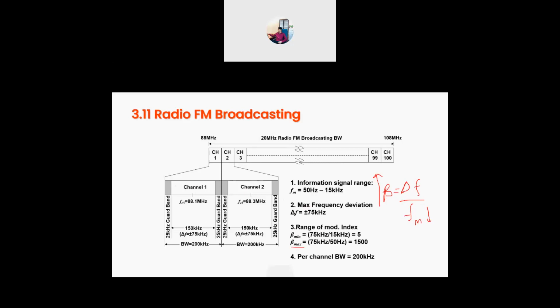So that's why beta max is divided by the smallest possible modulating frequency in the system. If you want beta to be minimum, then the modulating frequency should be the highest, which is 15 kilohertz. So the range of our beta is from 5 to 1500. Per channel bandwidth, we have 200 kilohertz, which is shown here.